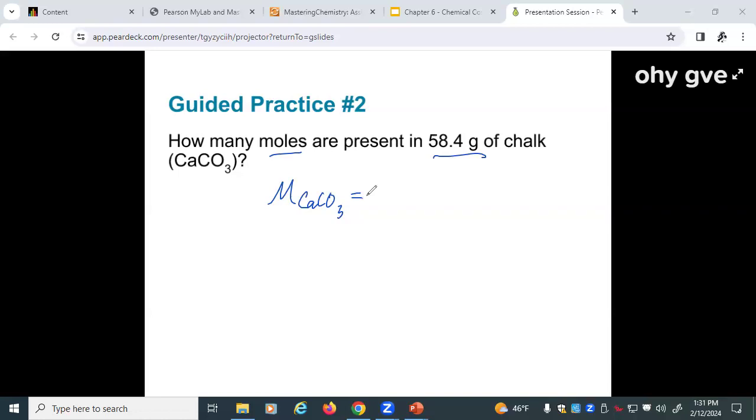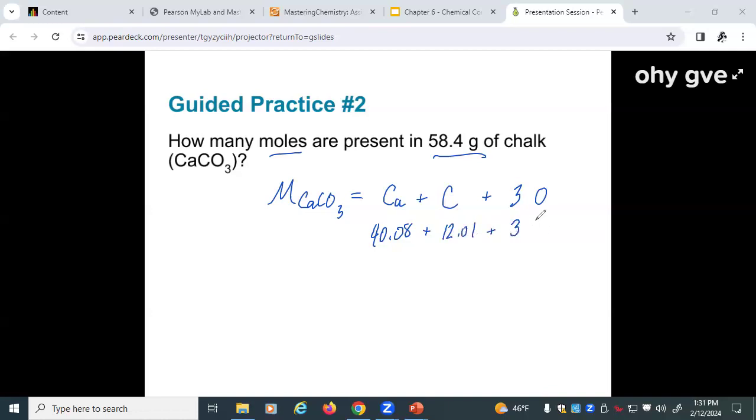So for calcium carbonate, again, we have to break it down into the components. I have calcium and carbon and 3 oxygens. The calcium is 40.08. The carbon is 12.01.